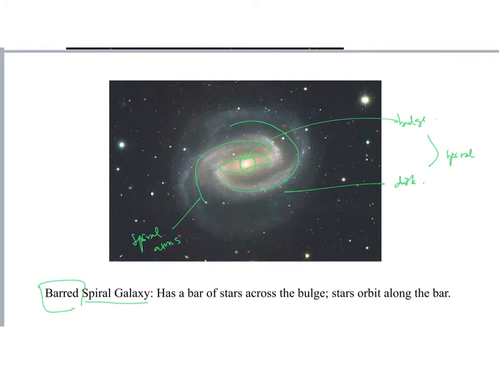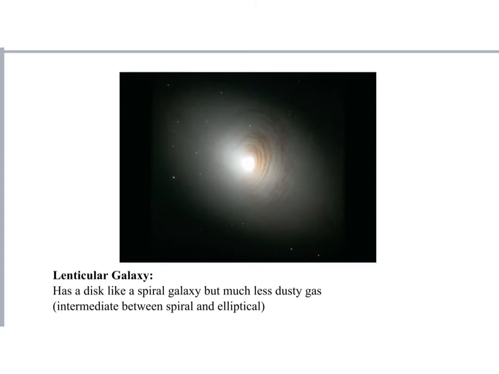But there is also kind of a bar. It has a bar of stars, right? There are stars that orbit in a highly concentrated number along that volume. That looks like a bar. Therefore, they're barred spiral galaxies.